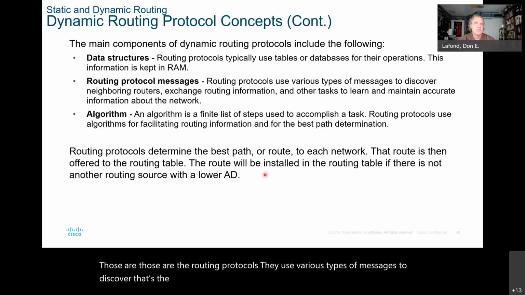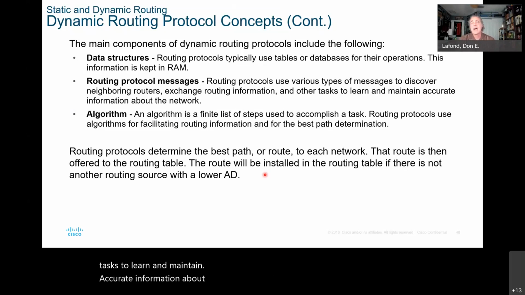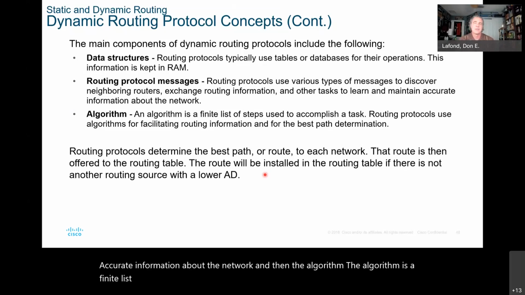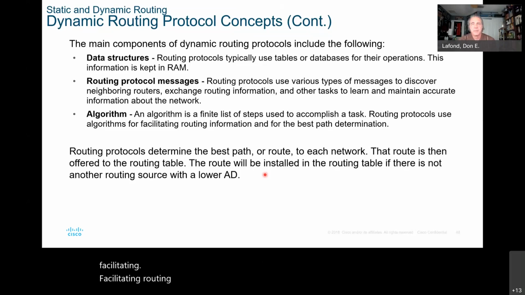That's where routers exchange routing information and other tasks to learn and maintain accurate information about the network. And then the algorithm. The algorithm is a finite list of steps used to accomplish a task. Routing protocols are algorithms for facilitating routing information and for best path determination.